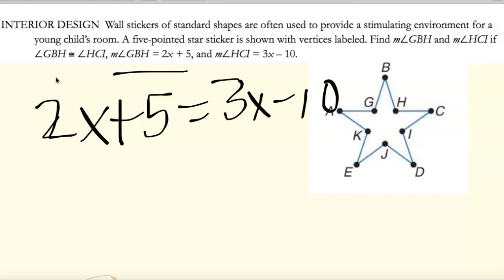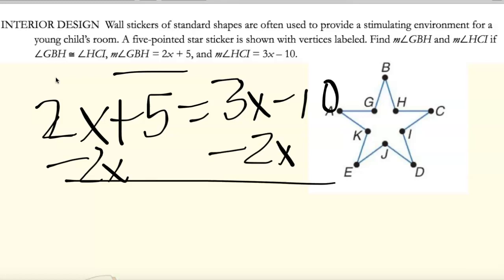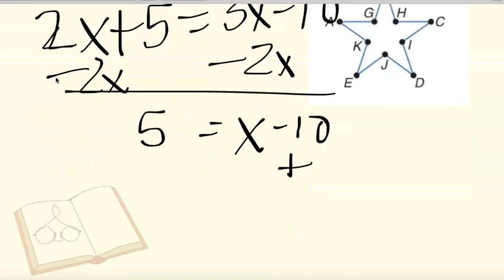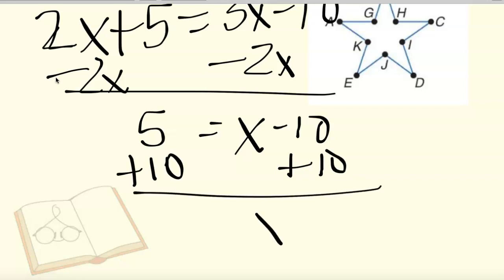So we're just going to solve this equation. You subtract 2x from both sides, and you end up with x over here. You still have your 10 and your 5 over here. So we'll do one more step. We're going to add that 10 to both sides, and we get x is equal to 15.